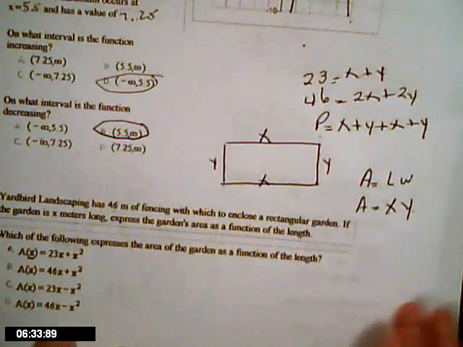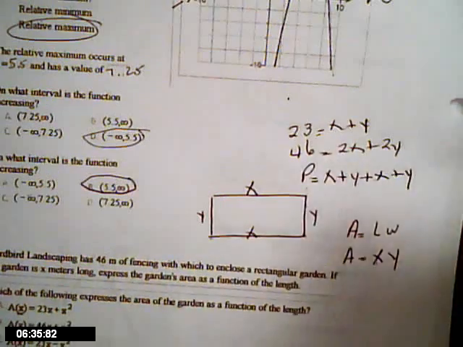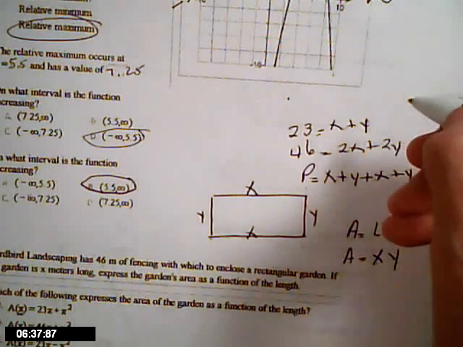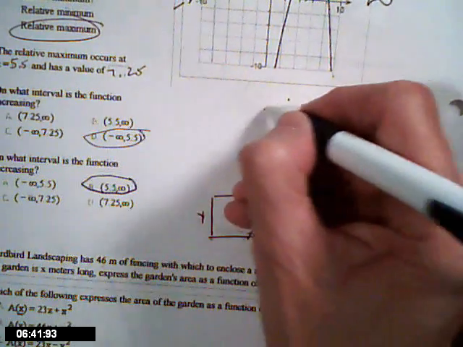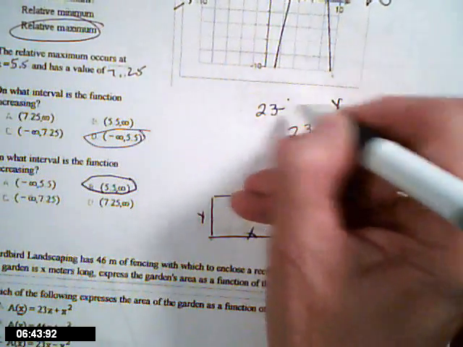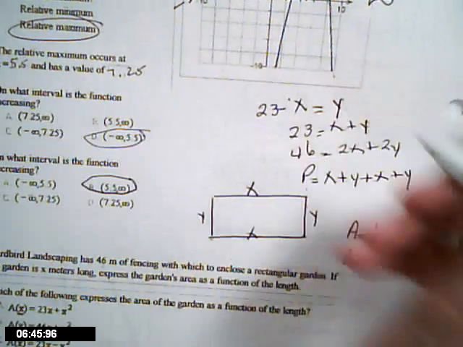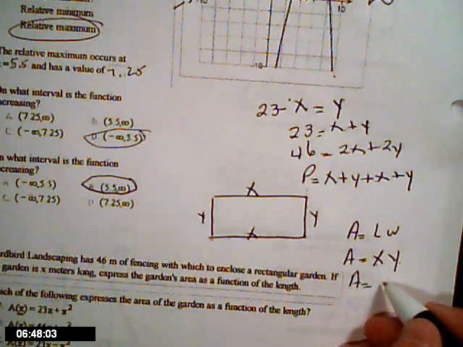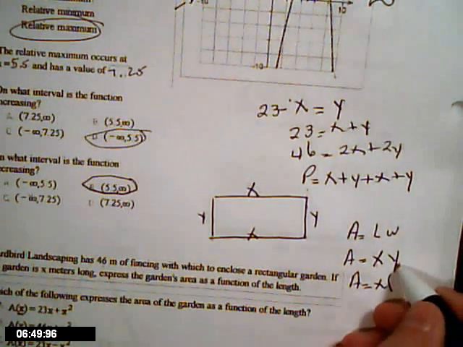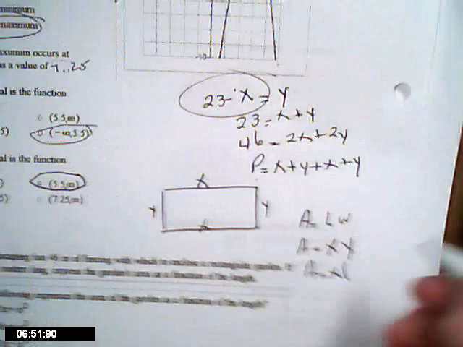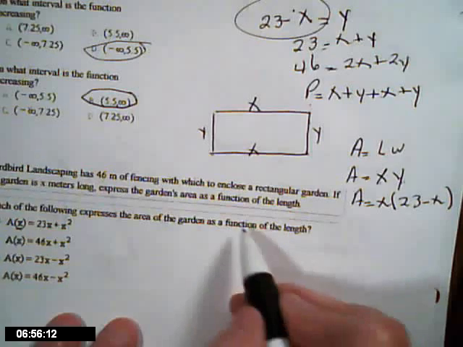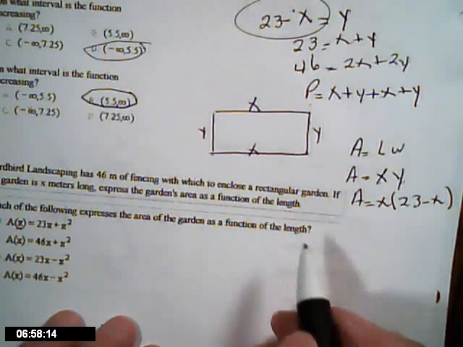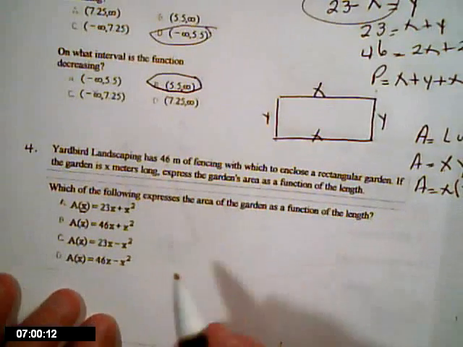So what I'm going to do is go right back up to this problem, and I'm going to solve for y by moving this x over. So that would be 23 minus x. Now that means my area is x times not y, but now 23 minus x. That's all they're saying. Express this in terms of one variable, and they've told you which variable.